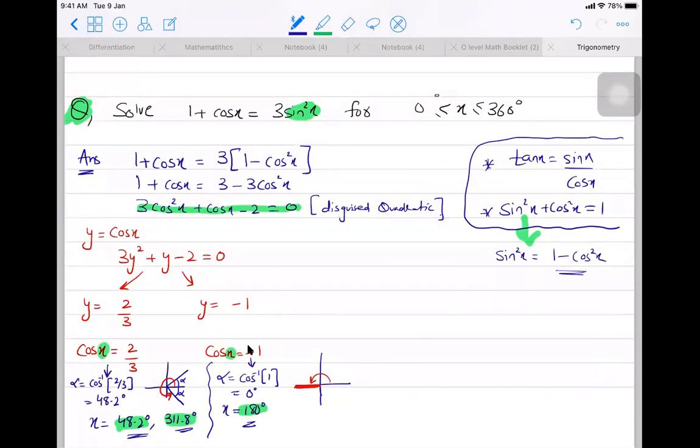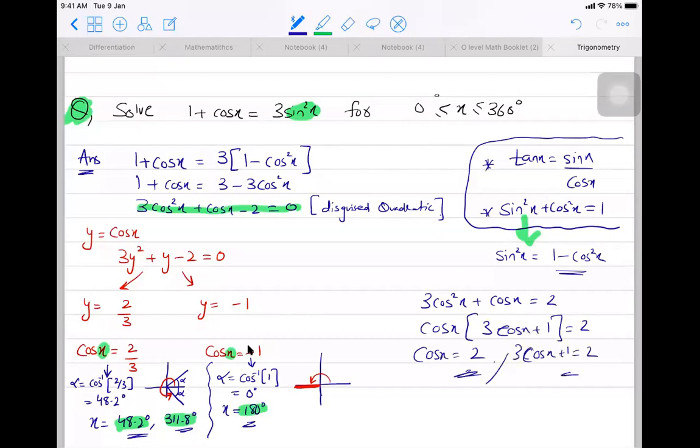You are saying that if you have this equation 3 cos square x plus cos x equals 2, you can take cos x common, 3 cos x plus 1 equals 2, and you are saying cos x should be equal to 2 and 3 cos x plus 1 is equal to 2. That does not happen. That's the wrong way, because we can only make factors when the expression is equal to 0. If it is not equal to 0, we can't make factors. So that is not going to be the right working.